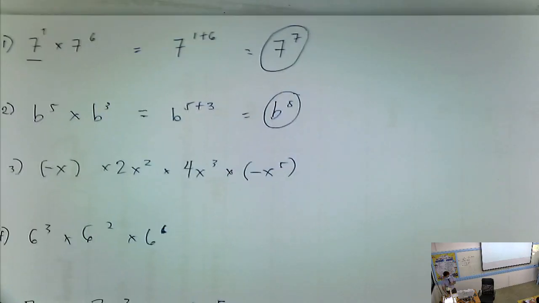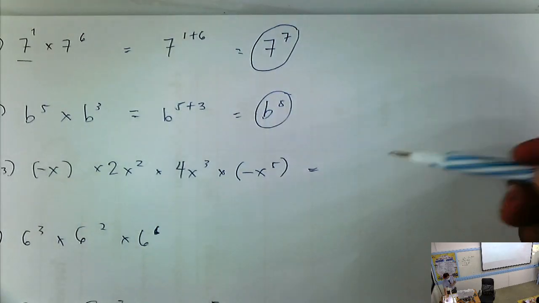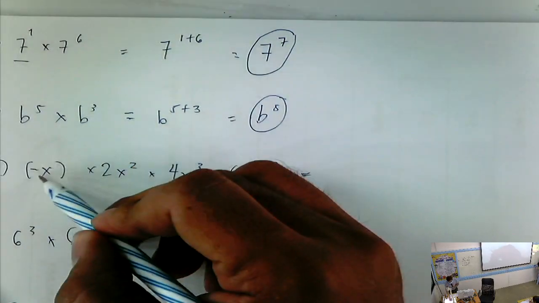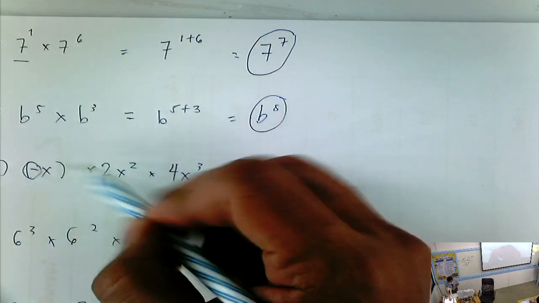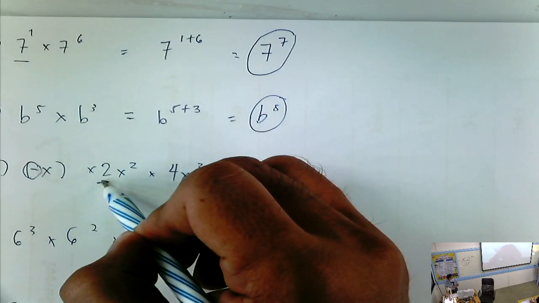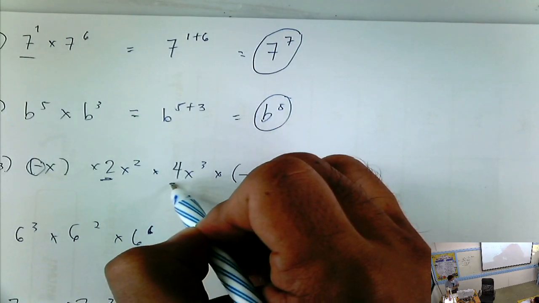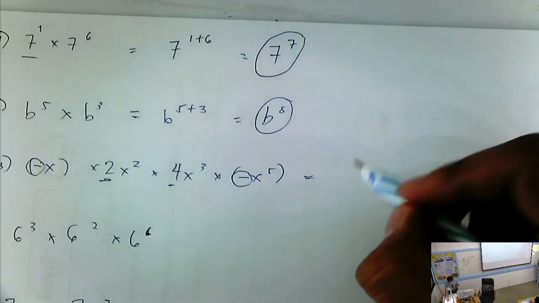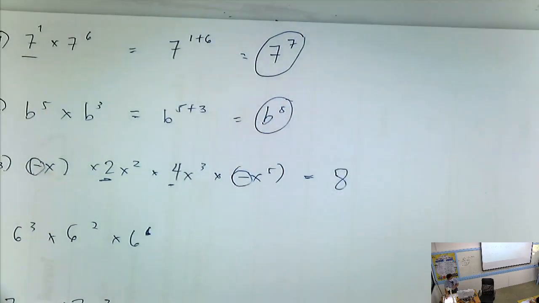Next, how about this one? Negative x times 2x squared times 4x cubed times negative x to the power of 5. So, again, this would be negative times positive 2. What would be the answer? Negative 2 times 4, negative 8, times a negative number, that would be positive 8.